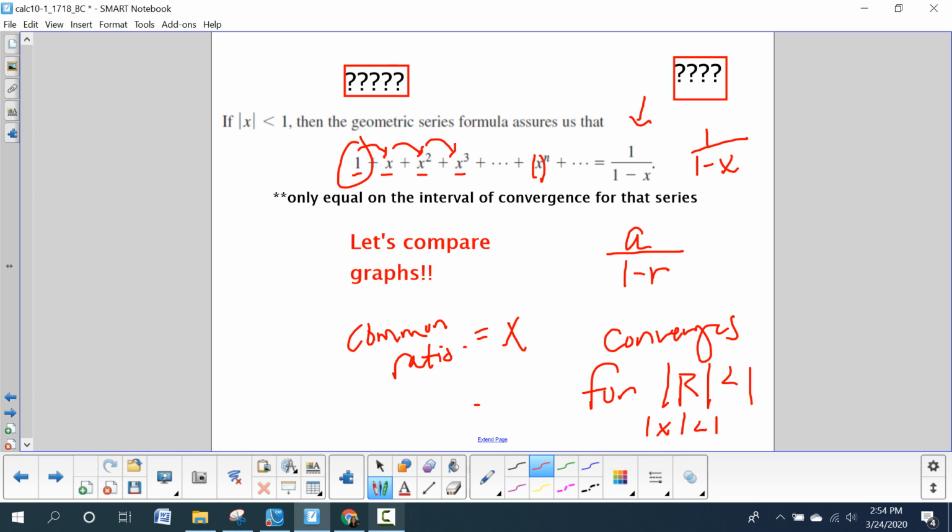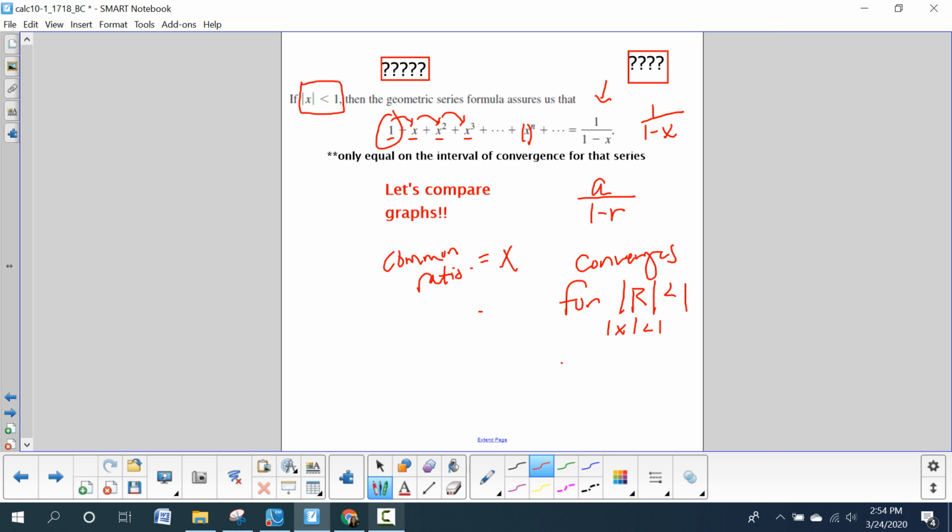And so this only converges for absolute value of x less than 1, which is technically the same thing as between -1 and +1. And so it's only going to converge for values like 1/2 and 1/3 and -1/5, those kinds of fraction values, which totally makes sense because if you thought of what if x was 2? 1 plus 2 plus 2 squared plus 2 cubed plus 2 to the fourth plus 2 to the fifth and so on.